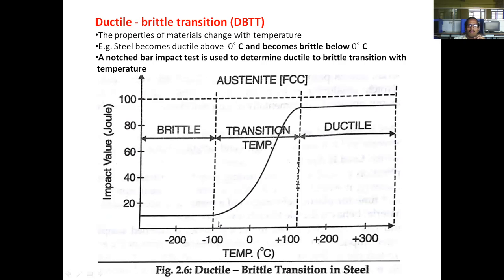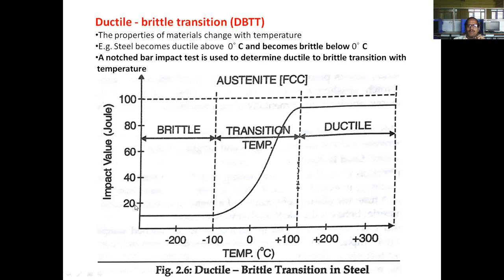So above minus 100 degrees Celsius and up to approximately 120 degrees Celsius, there is a transformation in impact value. So brittleness is progressively reduced as temperature is increased, and above 120 degrees Celsius, it becomes completely ductile.